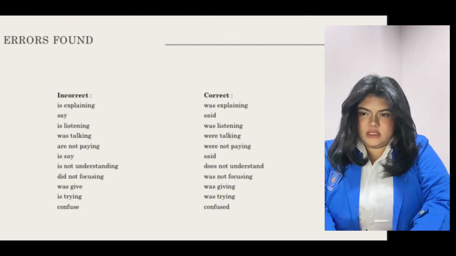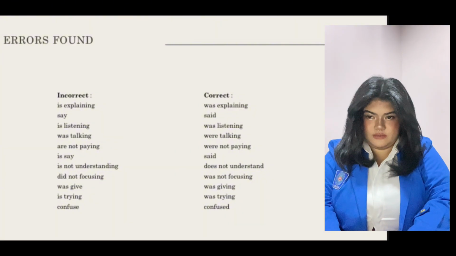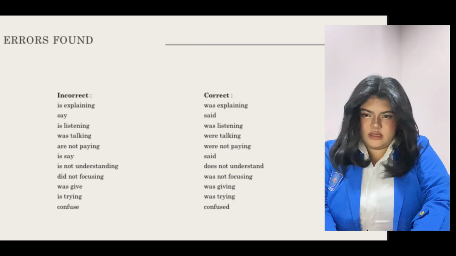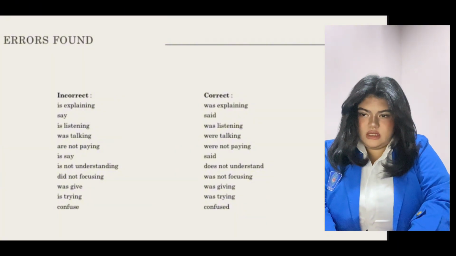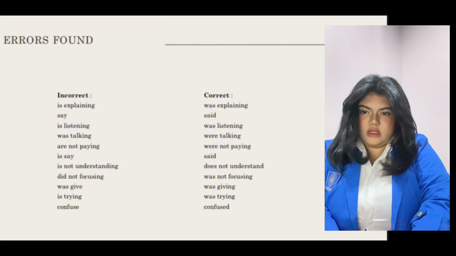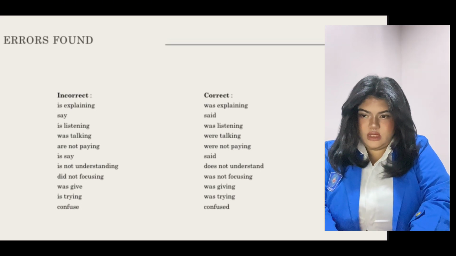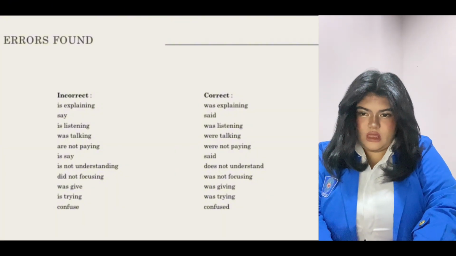Number 4, "was talking", and the correct one is "were talking". Number 5 is "are not paying", the correct one is "were not paying". Number 6 is "say", and the correct one is "said". Number 7 is "not understanding", the correct one is "does not understand". Number 8 is "do not confusing", and the correct one is "was not focusing".